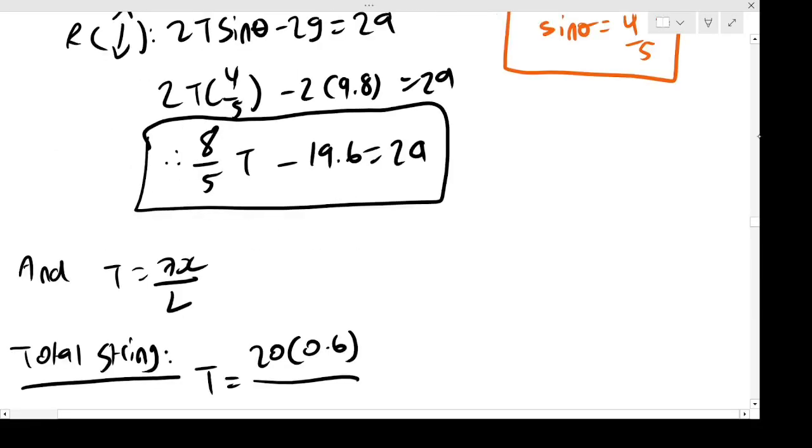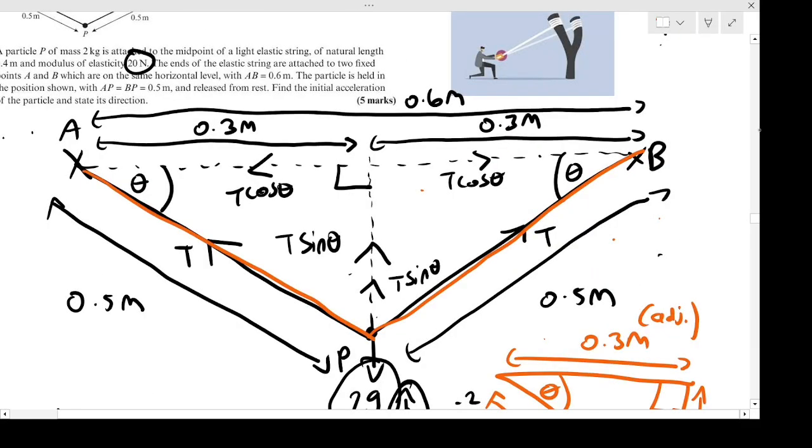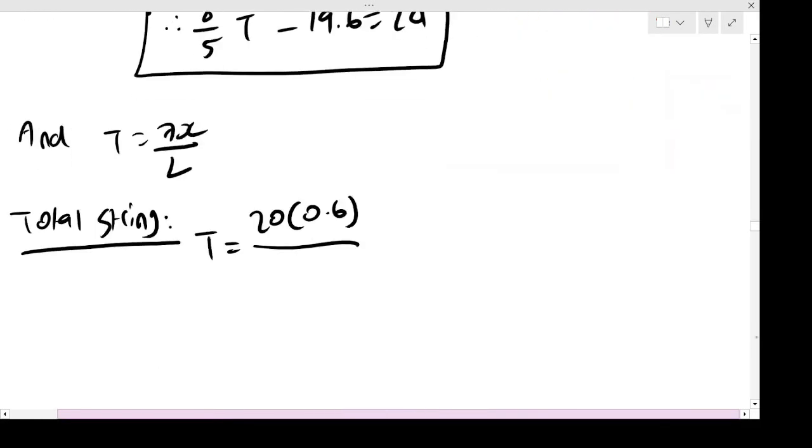And then the natural length is 0.4, right? So if we work that out, we get my tension to be 30. Okay, and there we are.